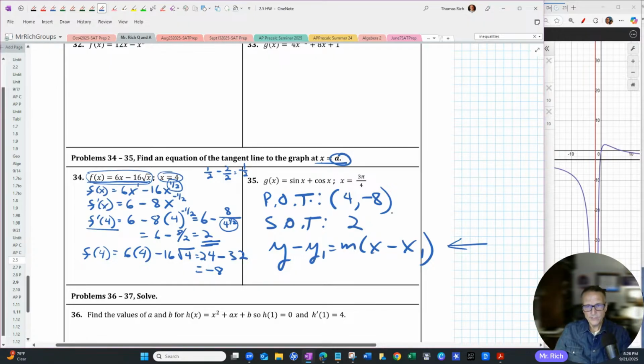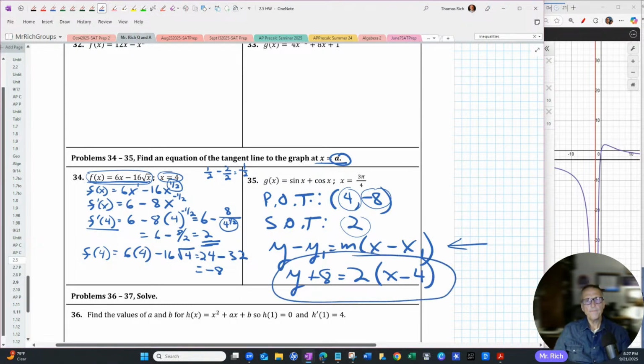The m is obviously the slope. So what I'm going to do is put negative 8 in for y1, 4 for x1, and 2 for m. So this becomes y plus 8 is equal to 2 times x minus 4. And that is the equation of the tangent line.